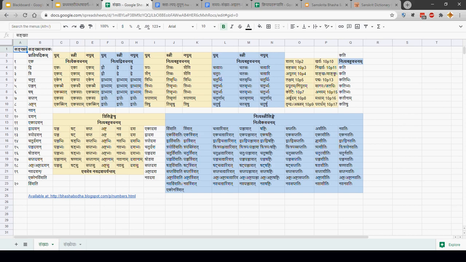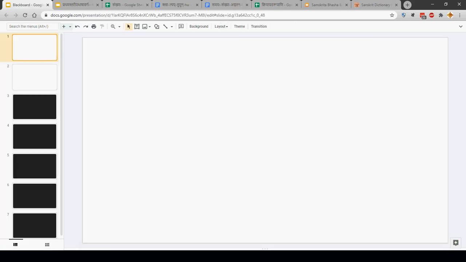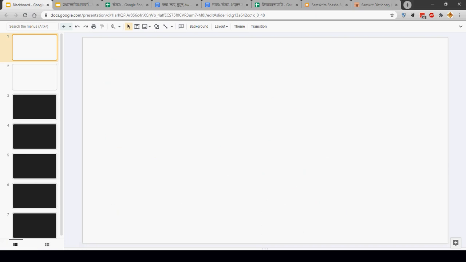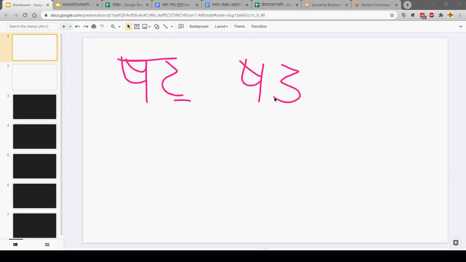Question here from Shiv: for 6, can we use shat or shad? Is there a specific time when we can use one or the other? The base word is shat. Sometimes we hear shad.